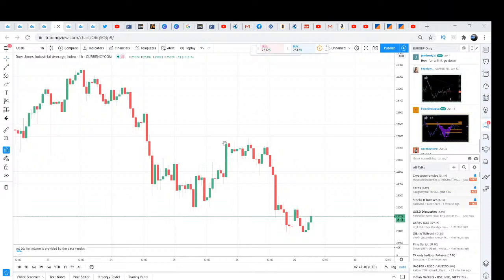Checking it out. US 30 moves mainly a lot to the New York session, to the stock market, obviously.